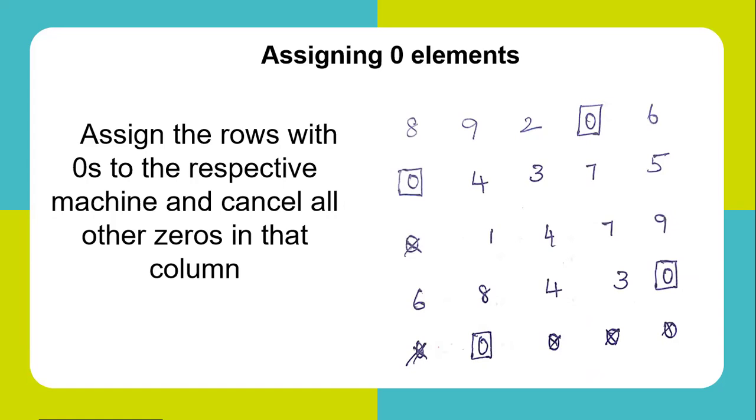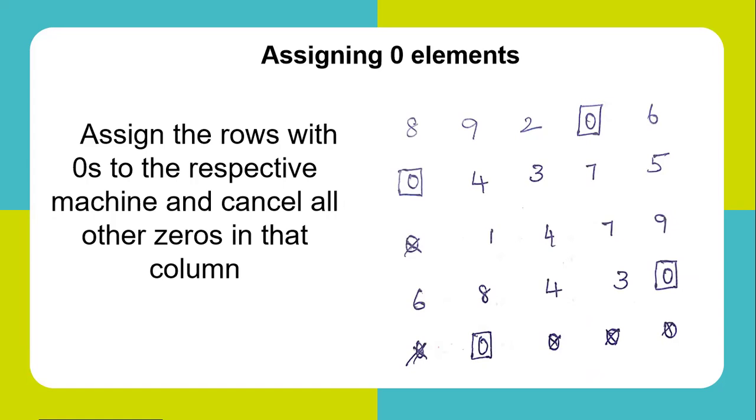Once you have assigned that particular 0, we can strike out all the remaining zeros in the column in which the assignment is made. So we proceed row by row, identifying each zero in each row and assigning it to that particular column. When the first assignment is made, we go with the second row. In the second row, we have 0 in the first column.